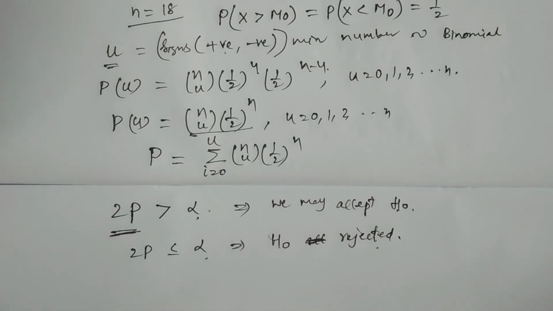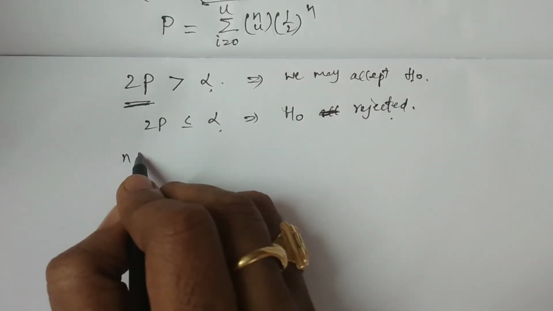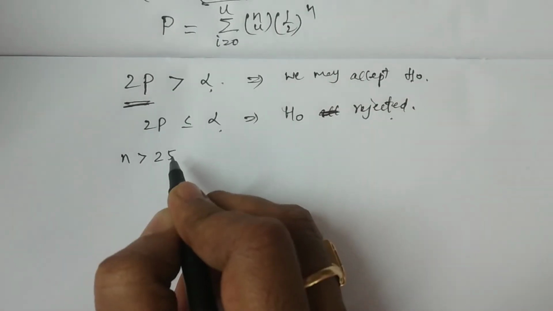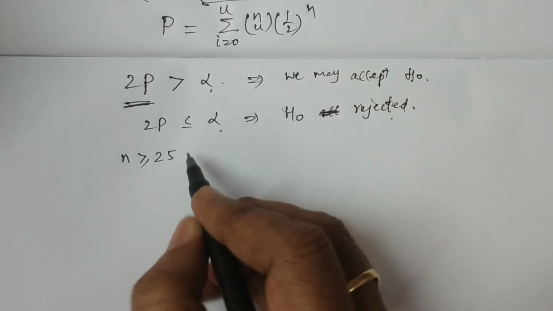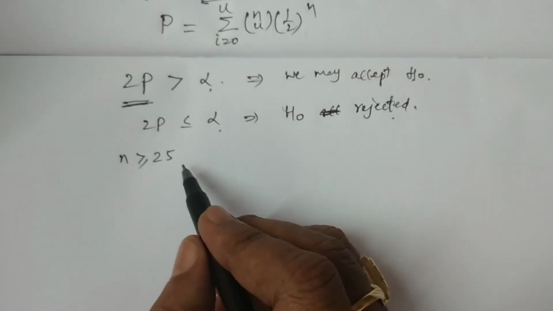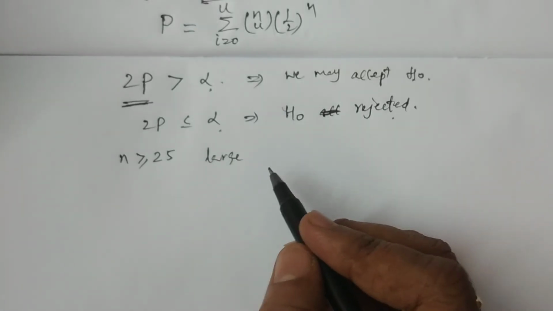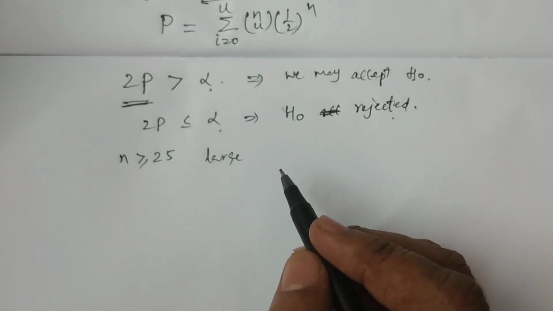For example, if n is large, which means if n is greater than or equal to 25, generally we consider it a large sample, so that it is going to be fitted by the normal distribution.